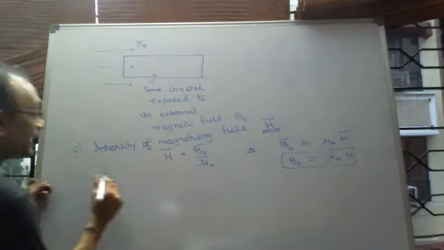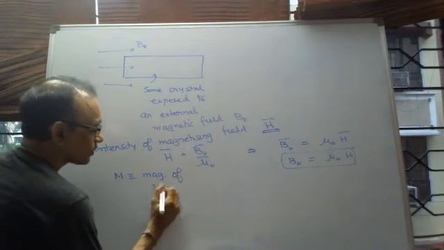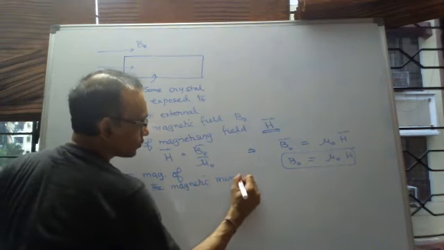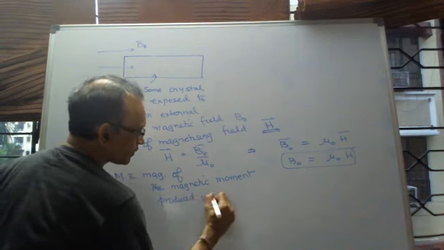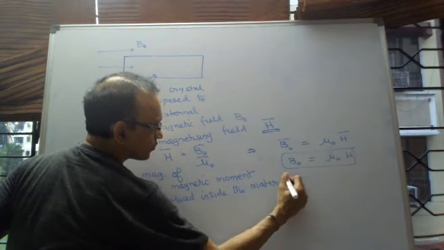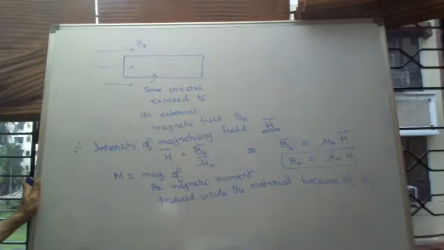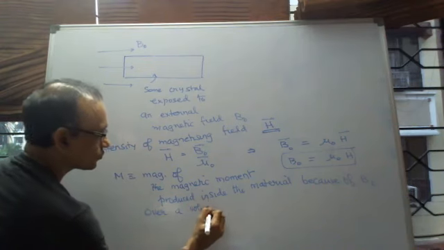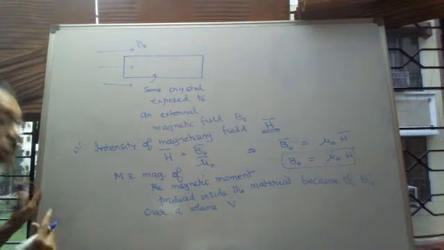If M is the magnitude of the magnetic moment produced inside the material because of B naught over a volume V, then intensity of magnetization.